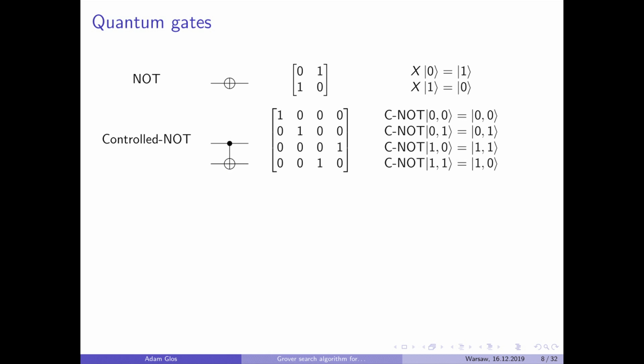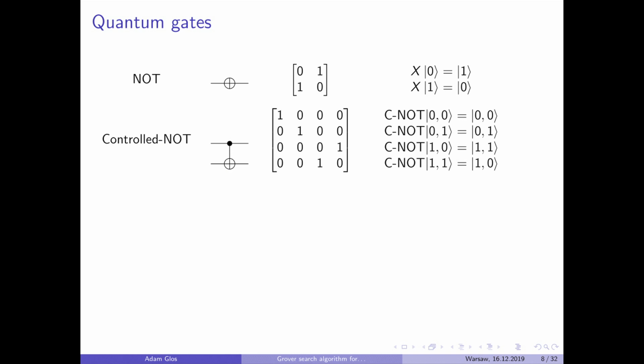We just make a NOT, actually. This is where the name comes from, because depending on the controlled qubit, which is marked here as a full dot, we do or do not perform a NOT gate on the second qubit.